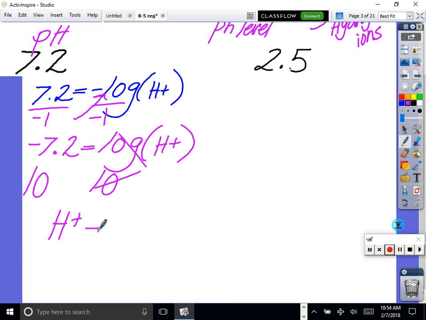H+ equals 10 raised to the negative 7.2. You get 6.3, but then do you see the E? That means times 10 to the negative 8. If we were going to write this out, we would take the decimal and move it back 8 places, but we'll just leave it in scientific notation.